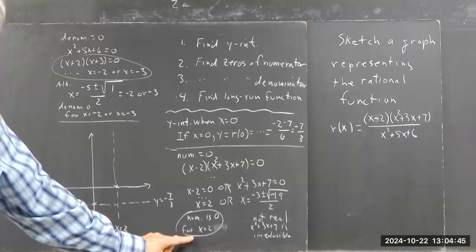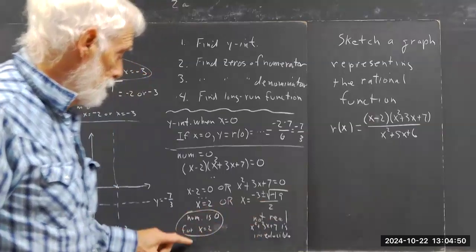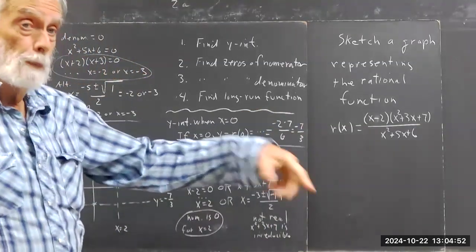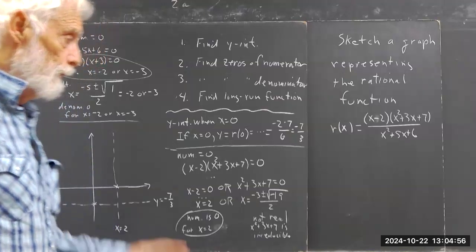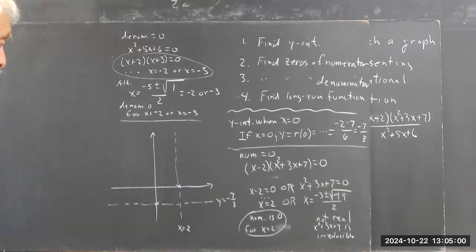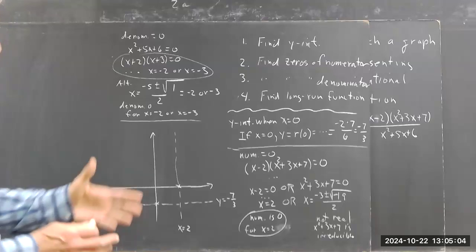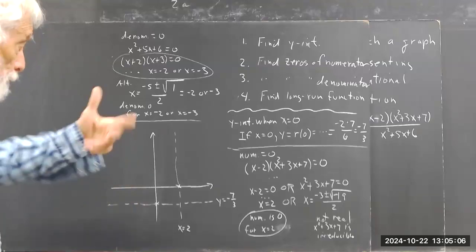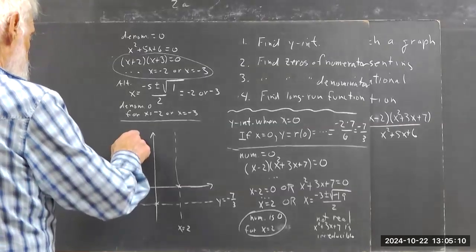Now in the support course, we had a case where I had a +2 here and the numerator and denominator were both 0 at -2. Okay. So that got a little more complicated. In this case, we know that we have zeros in the denominator. We know we have vertical asymptotes at those points.